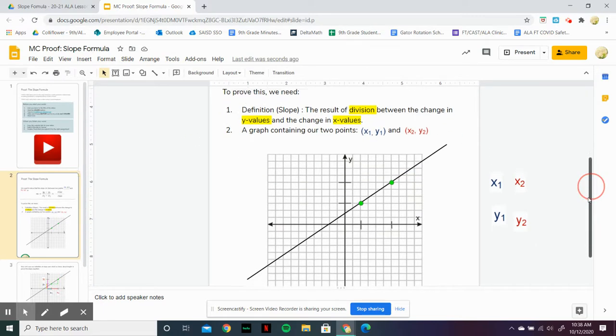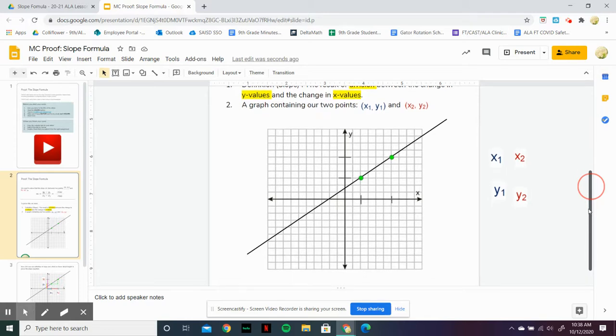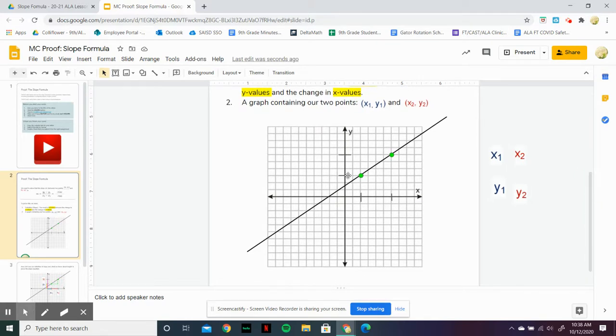The first point x1, y1, and the second point x2, y2. So here we have a coordinate plane with some random line going through it. And we're going to call this first x value x1. So this green dot has an x value of x1 and a y value of y1.